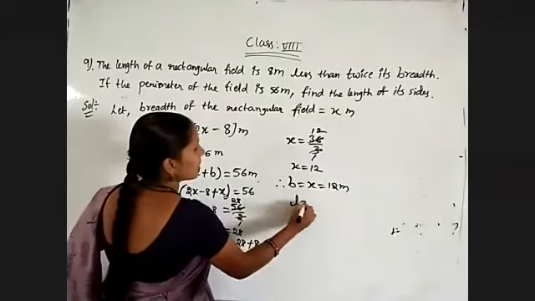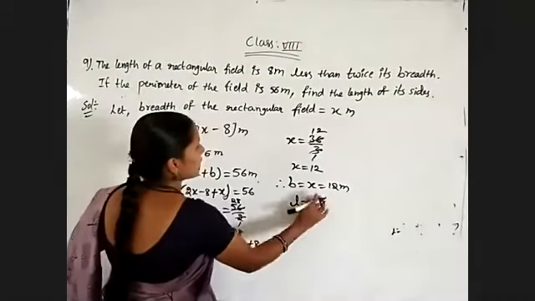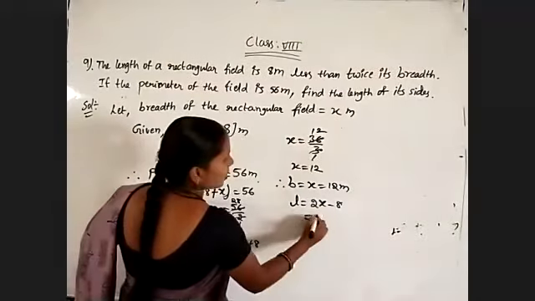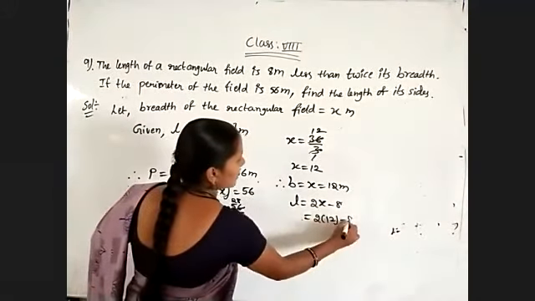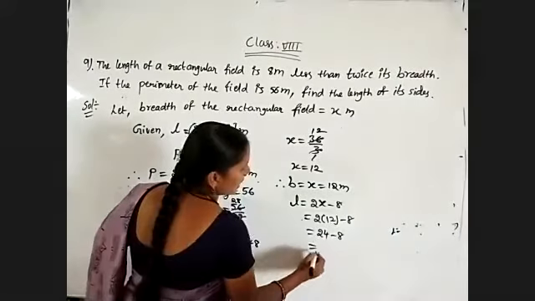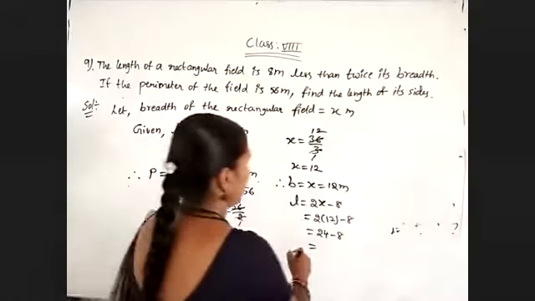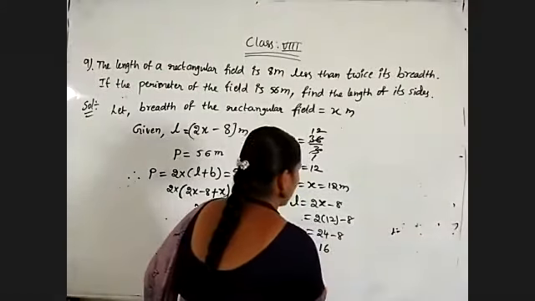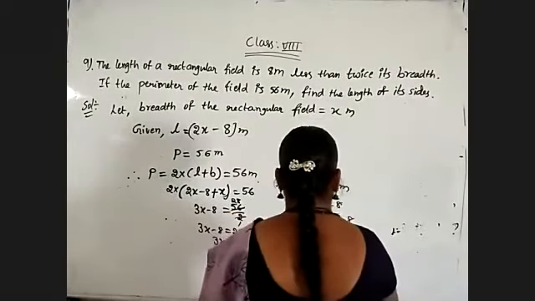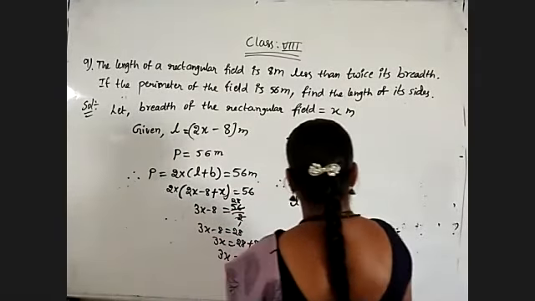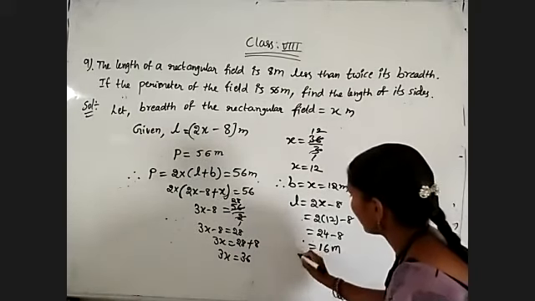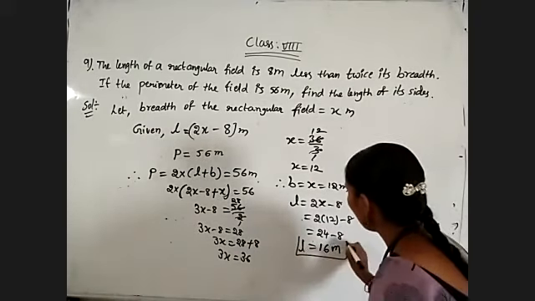And length is equal to 2x minus 8, so that is 2 into 12 minus 8. 12 twos are 24, minus 8, that is 16. So this is the length of the field.